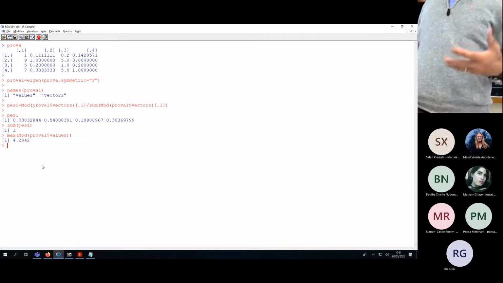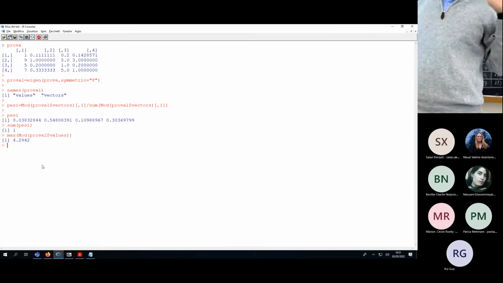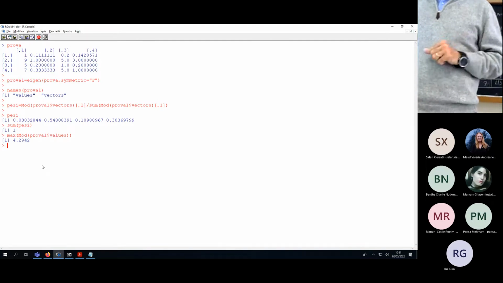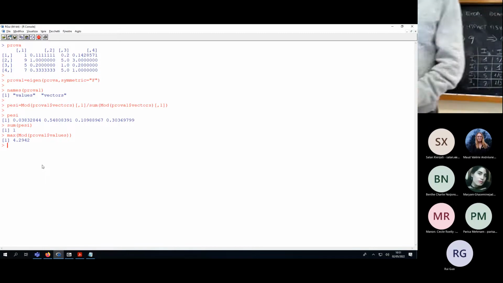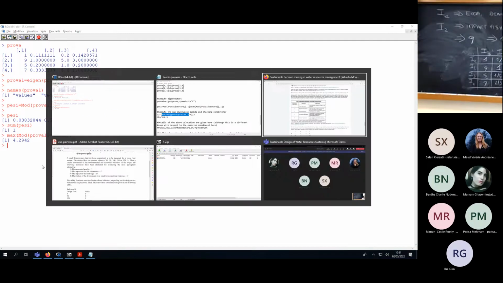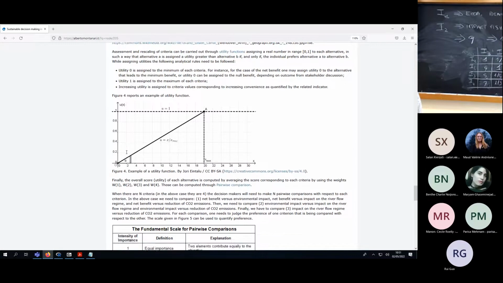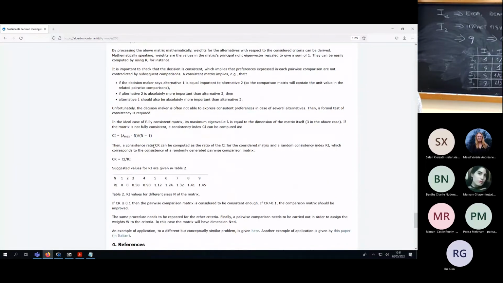Now, I have to compare 4.29. It looks not bad, really, but I have to compare it with 4. Okay, how to compare it with 4? Let's go back to the lectures here. I have to compute lambda max minus n, so 4.29 minus 4, and divide it by 3, and this is the consistency index. Okay, good.